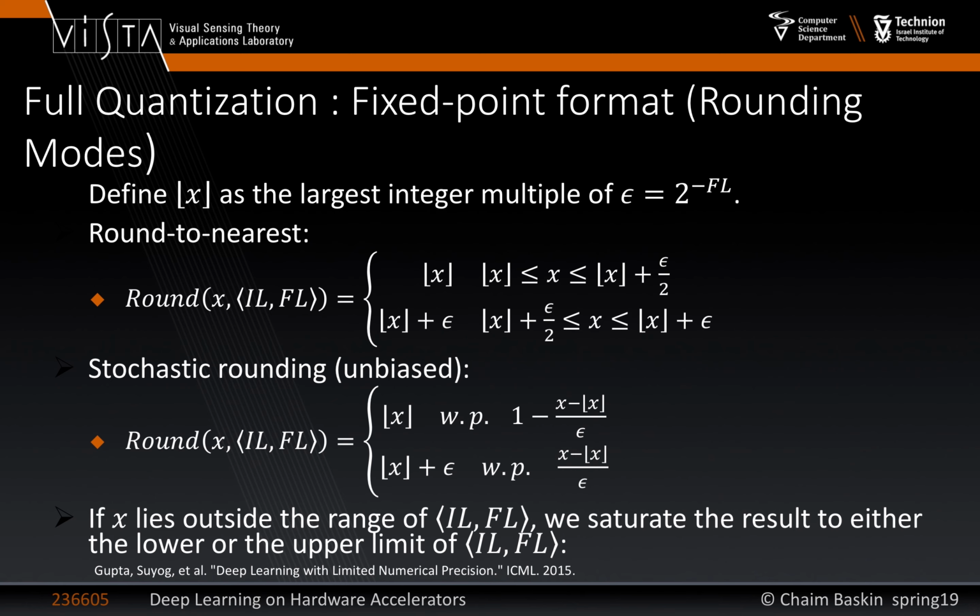If our number is between x and x plus epsilon divided by 2, it will be x, and in the upper range it will be x plus epsilon. So actually we divide our numbers into discrete numbers. We are taking a continuous relaxation of numbers and converting it to discrete parameters. So now we have discrete numbers.